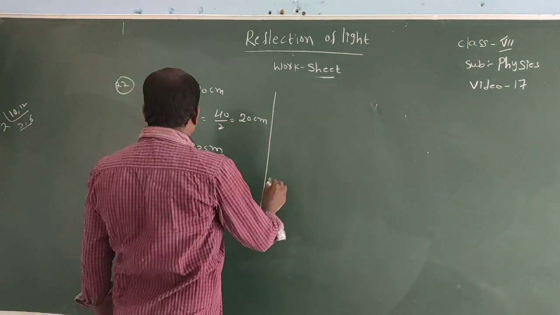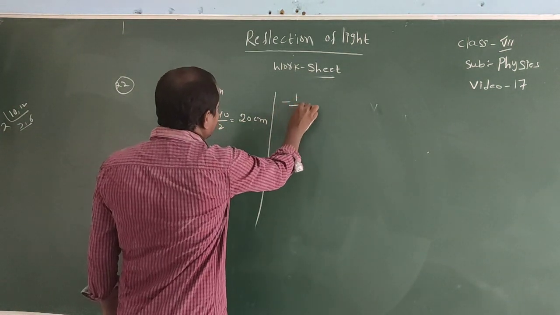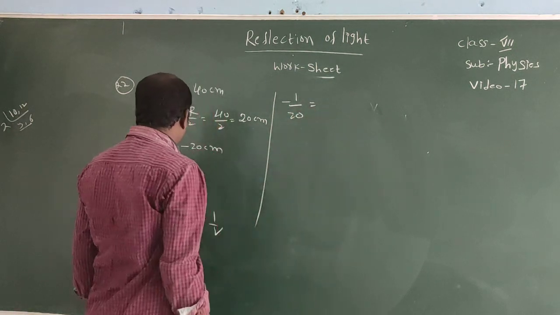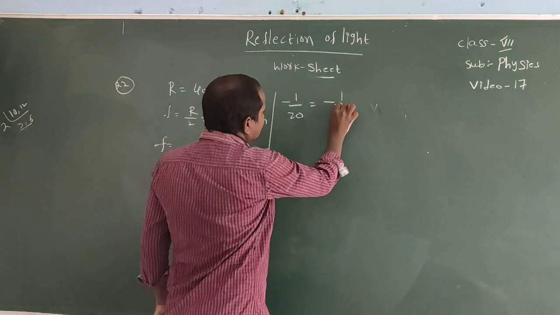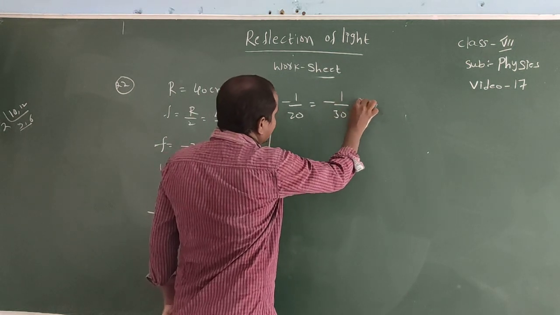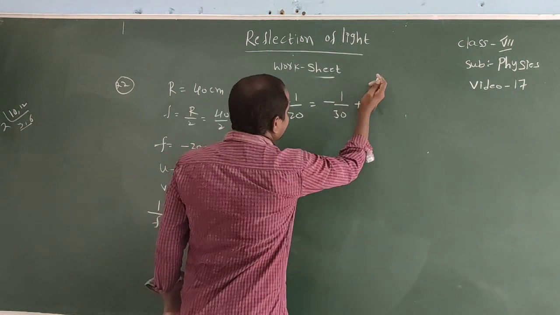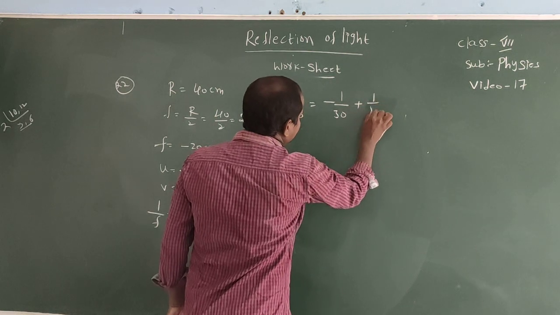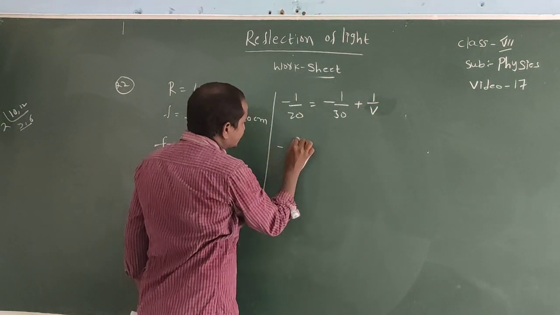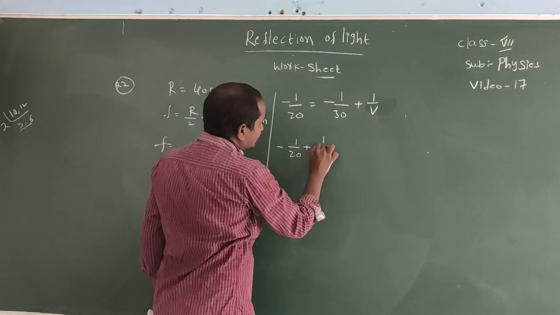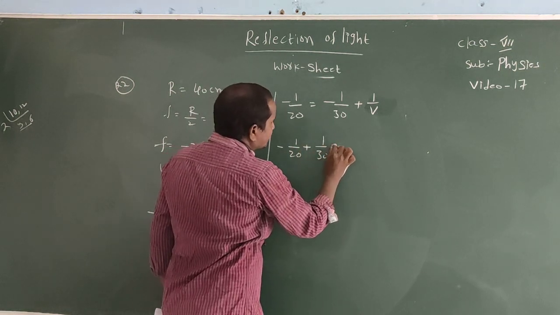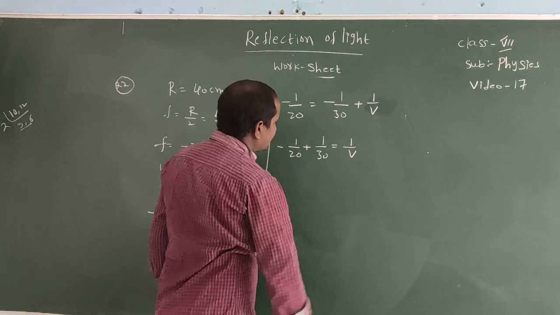Now 1 by f means here minus 1 by 20 equal to minus 1 by 30 plus 1 by v. Okay, so minus 1 by 20 plus 1 by 30 is equal to 1 by v.